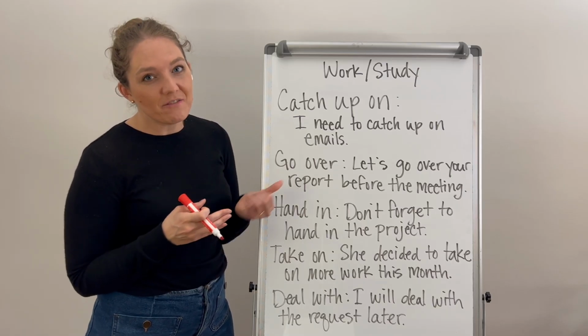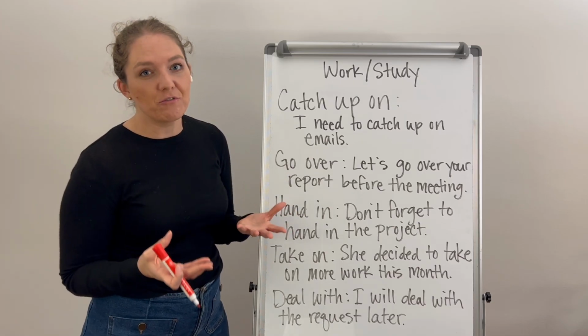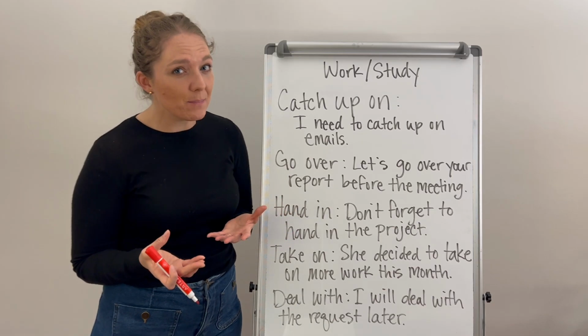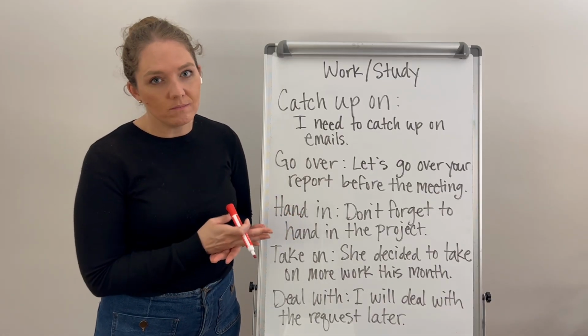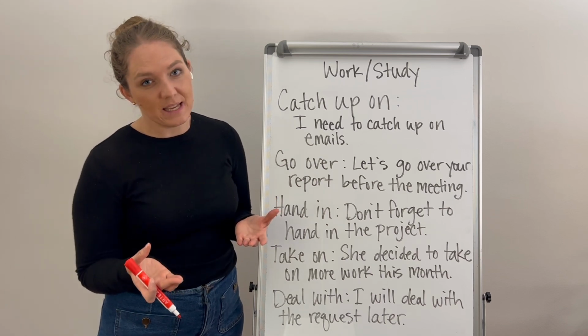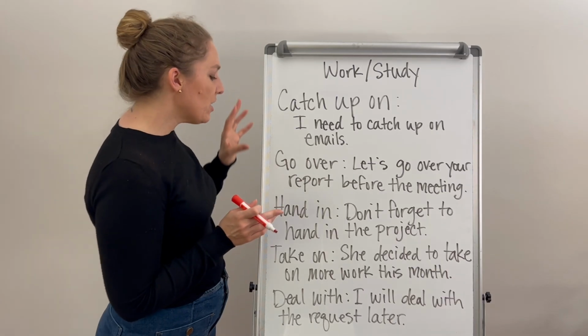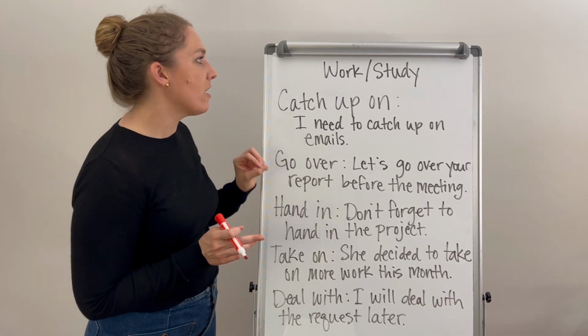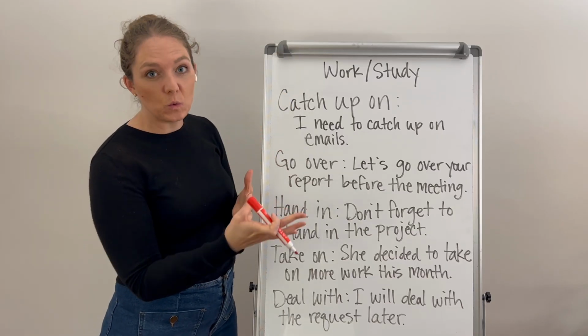Someone in the comments of our last video asked how we know when a phrasal verb is separable or inseparable, and we don't. There's no way to know. You just have to know if it makes sense and can be separated, or if it doesn't make sense and cannot be separated. So here are phrasal verbs to talk about work or studying, so work or school.